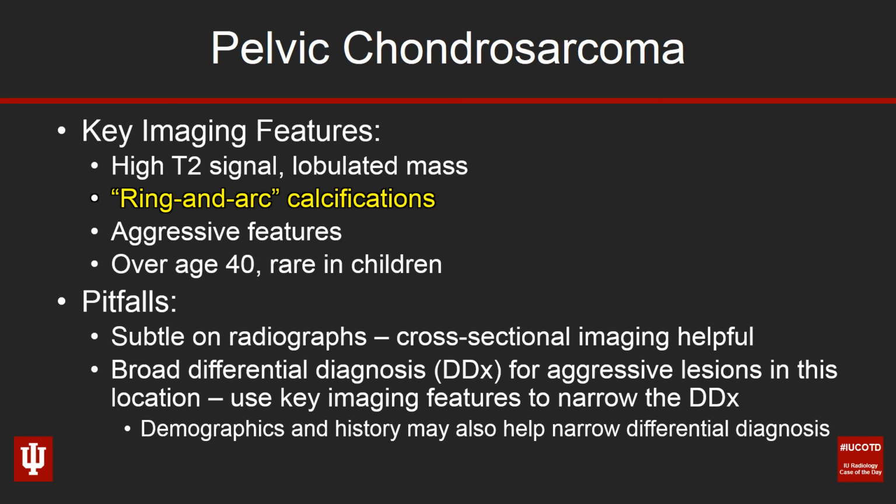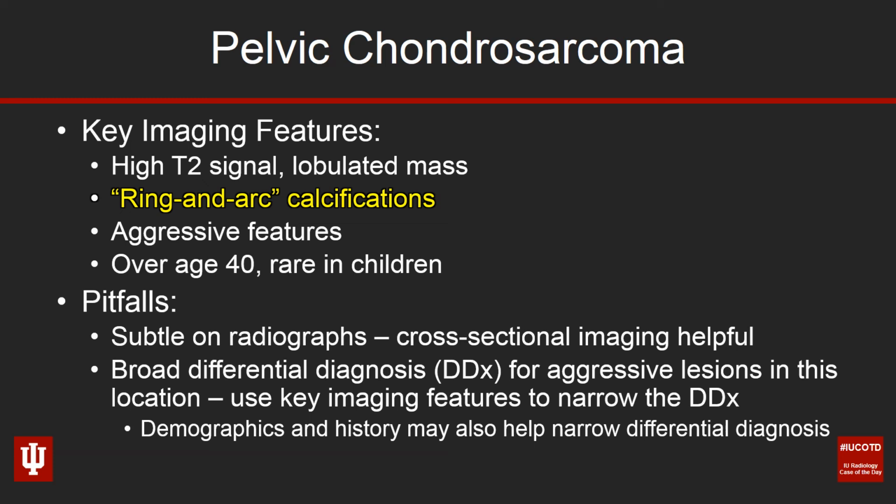So in summary, pelvic chondrosarcomas will present as high T2 signal lobulated masses, especially originating around the previous region of the triradiate cartilage. They have ring and arc chondroid matrix calcifications, as well as malignant aggressive features. Chondrosarcomas occur in older populations and are rather rare in children.